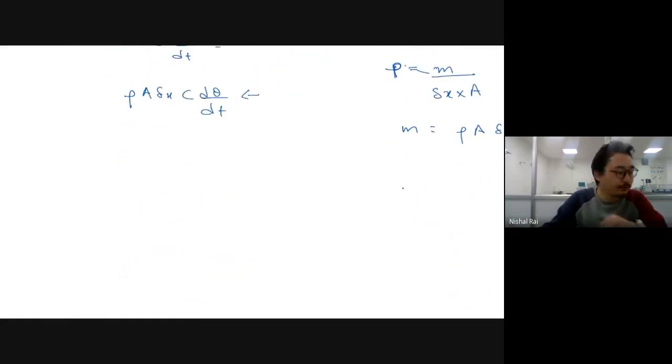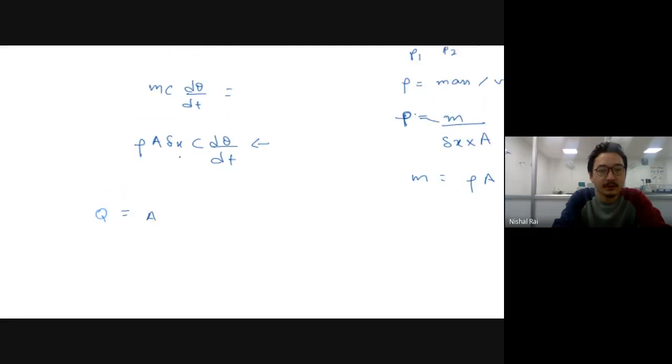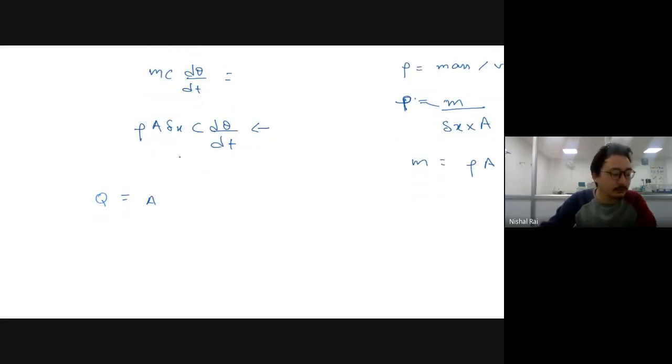So now if we compare these two equations, what will your total heat be? The heat lost per second will be through both of the media. So you have to just sum up these two.